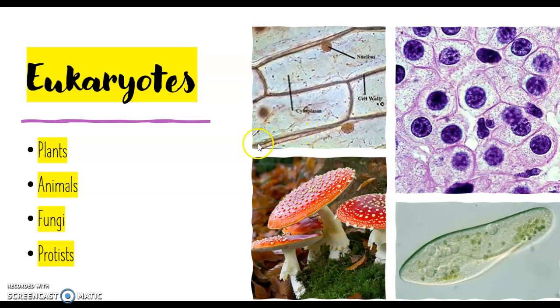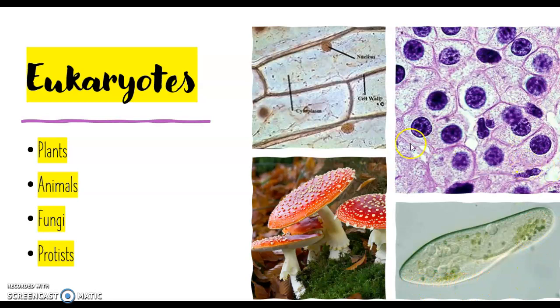This is a plant cell. You can see the cell wall. Very easy, very thick wall here. It has cytoplasm, it has a nucleus, it has other organelles in there. And of course we have fungi, represented here by mushrooms. And here's a planaria. Planaria is a type of one-celled organism or protist.